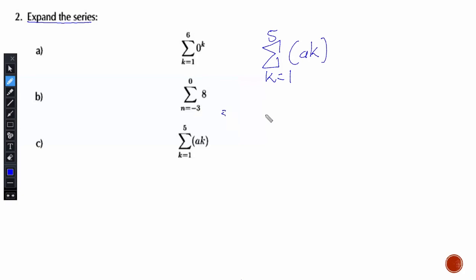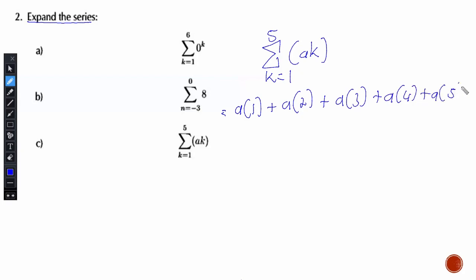So to expand this one, this is going to be K starting from 1, so this is A times 1, then plus A times 2, then plus A times 3, then plus A times 4, and then plus A times 5, right? So this will just be A, and then plus 2A, plus 3A, plus 4A, then plus 5A, right? So it's just expanding this.